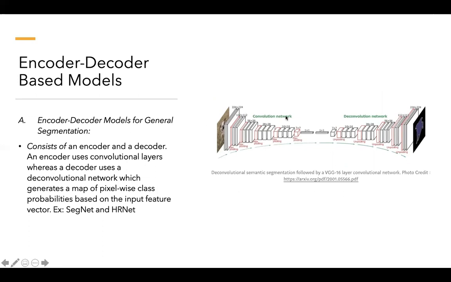As you can see in the diagram, the encoder uses a convolutional network and the decoder uses a deconvolutional network, which generates a map of pixel-wise class probabilities based on the input feature vector. The most popular models in this category were SegNet and HRNet.